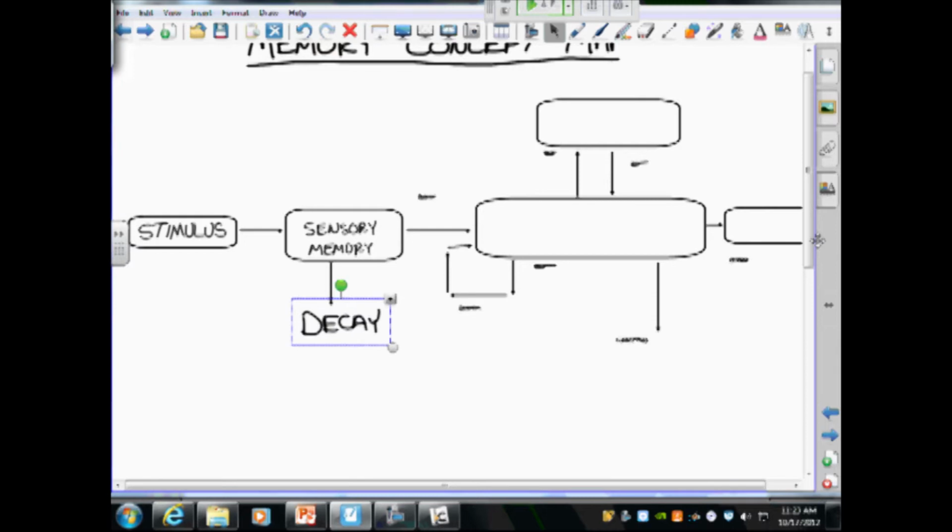How is it stored? Is it an exact copy, or is it encoded differently than the sensory experience? It's an exact copy. It's thought to be an exact copy. And the majority of information that goes into sensory memory decays.